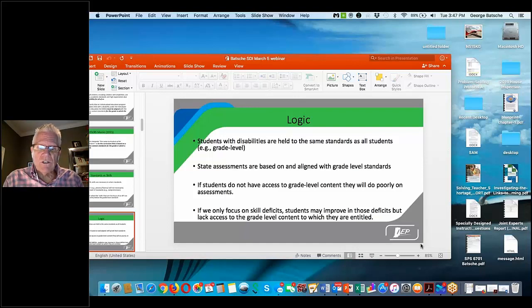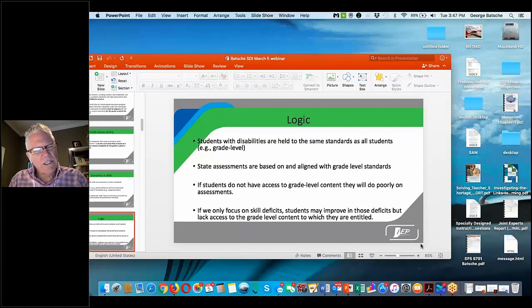And if we only focus on skill deficits for our students with disabilities, the students may improve in those deficits. They may really become more skilled, but not in the areas that are assessed for the grade level in which they're enrolled. And we don't want that to happen.